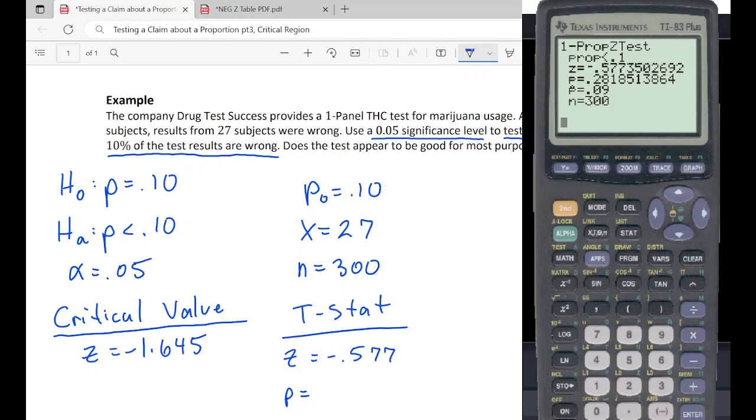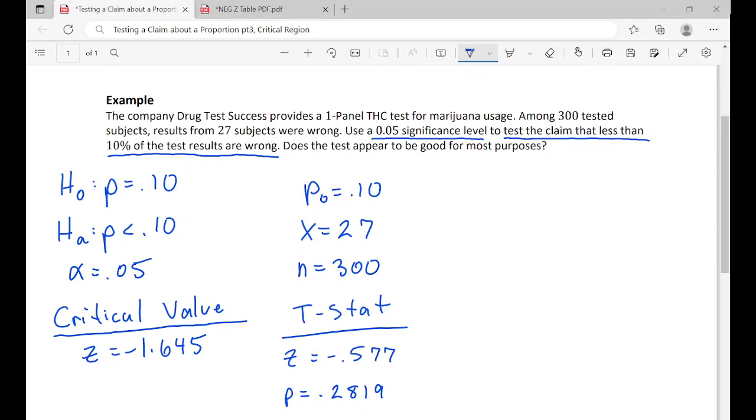And our p-value is 0.2819. But like I said, we're more concerned with the test statistic, not the p-value. But there it is if you are curious.